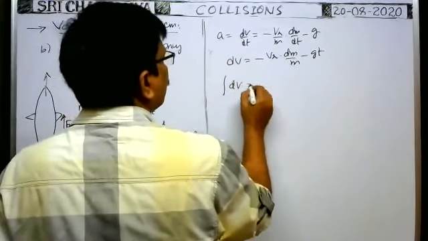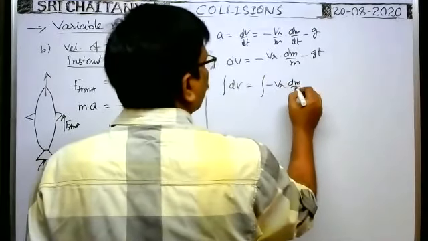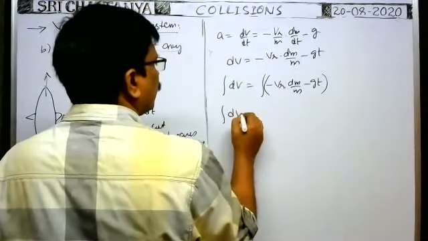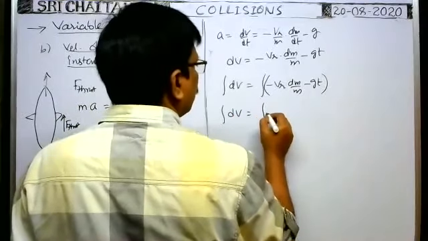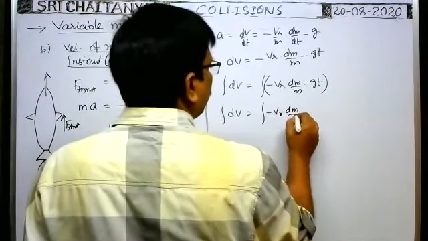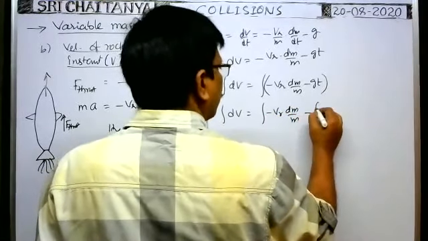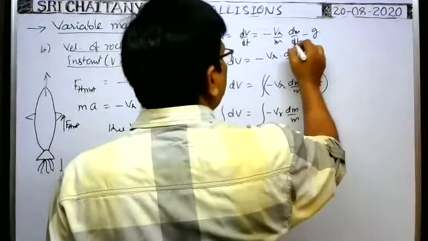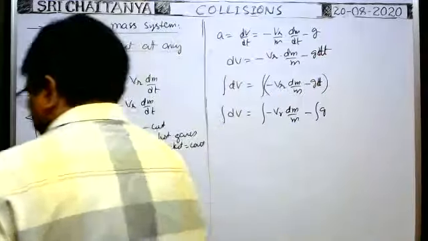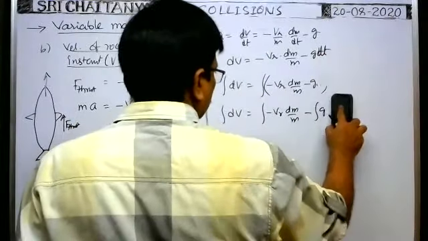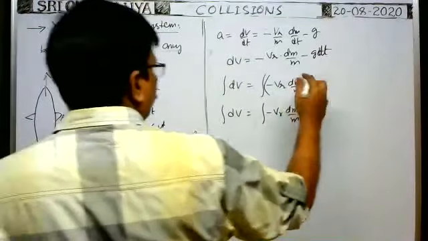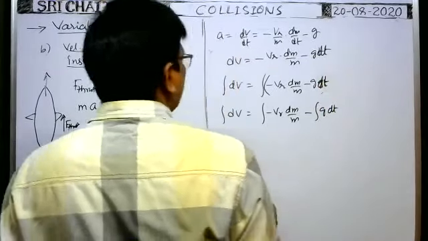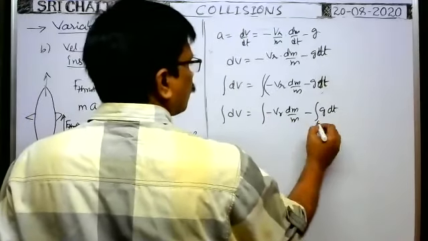So integral dv is equal to integral of minus Vr dm by m minus integral of g dt, because we multiplied by dt.